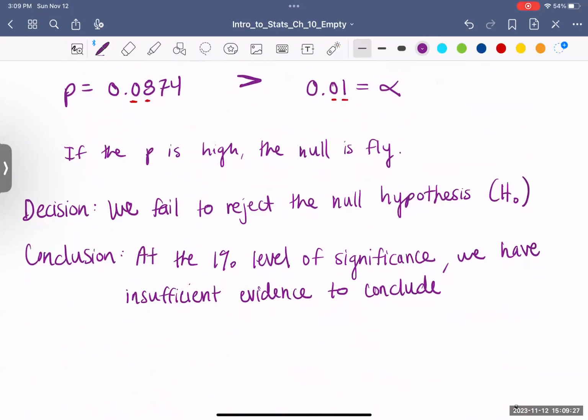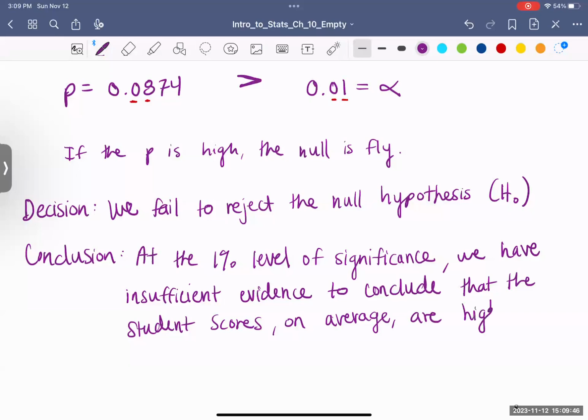We just don't have the evidence to support it. We have insufficient evidence to conclude that the student scores on average are higher after the class. That's what we were trying to show.